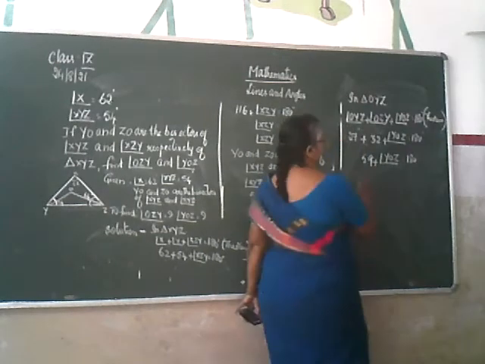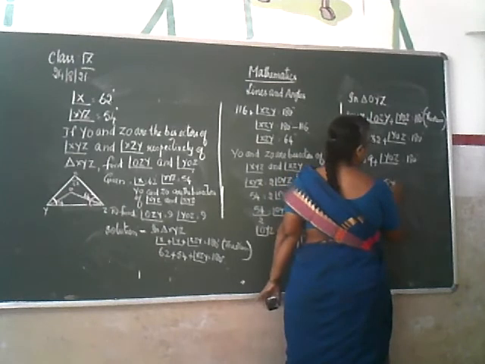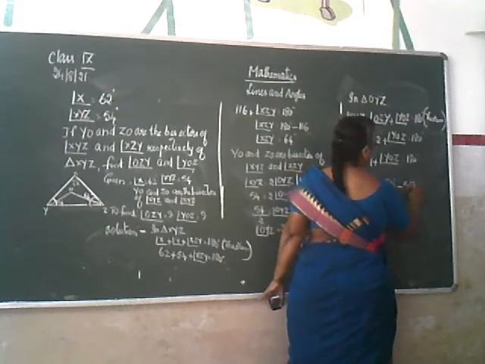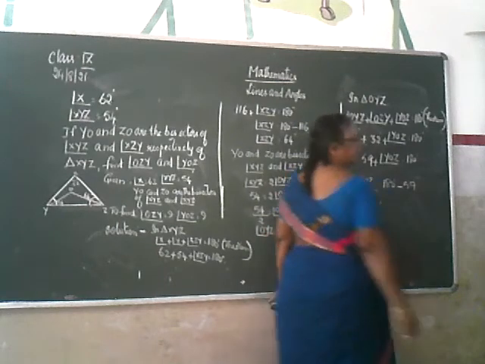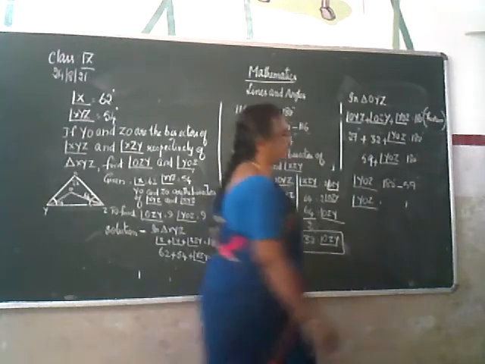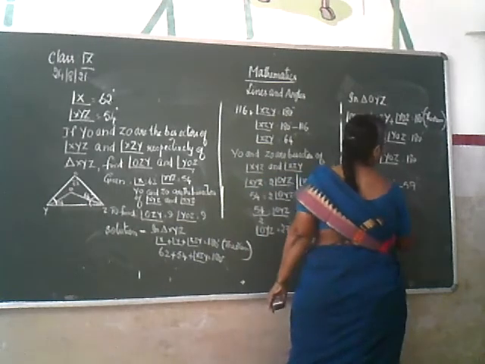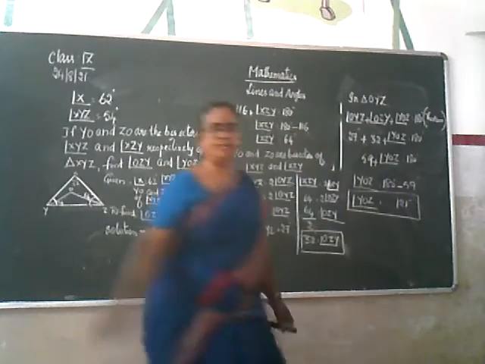Transpose 59 to that side. 180 minus 59. So YOZ is equal to 10 minus 9 is 1. 7 minus 5 is 2. So YOZ is 121 degrees.